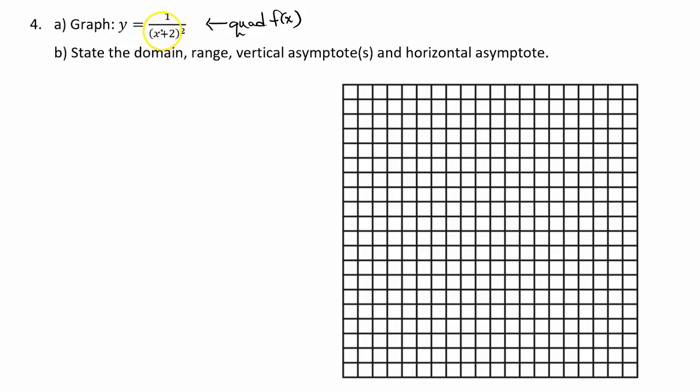When we have it squared like this, what I can identify is that my vertex was at -2 and 0, which means it's on the x-axis. It's also opening upwards, technically. We don't have any negatives out in front of that. So when I go to sketch my graph, it looks like this.